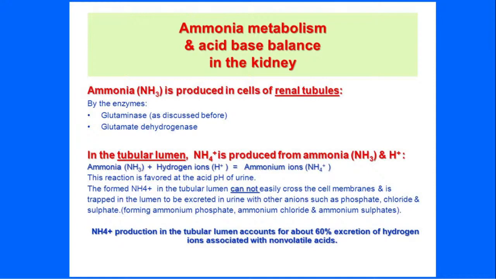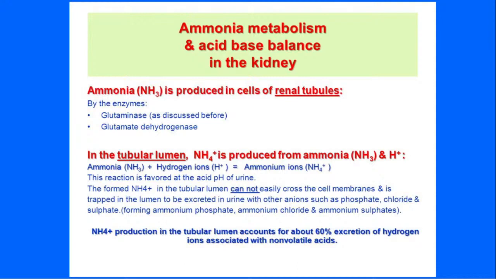This production of NH4+ in the tubular lumen accounts for about 60% of excretion of hydrogen ions associated with non-volatile acids. So acidic hydrogen is excreted together with ammonia, and this helps the kidney to maintain acid-base balance.